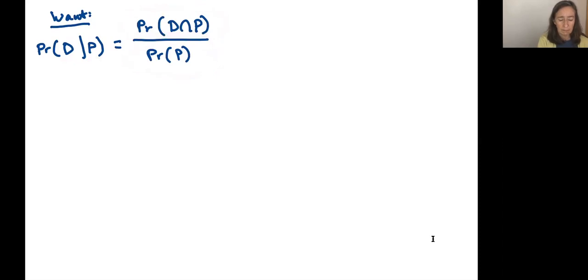I'm going to switch now to the figuring out part of Bayes' law here. I'll switch to nice pink for that. So I can rewrite this probability of D and P as the probability of P conditional on D times the probability of D, just using the definition of conditional probability.